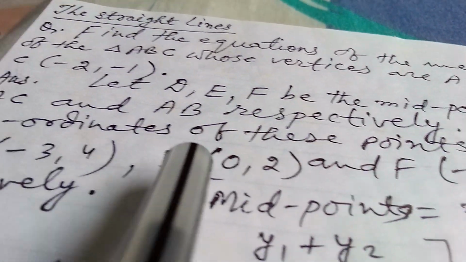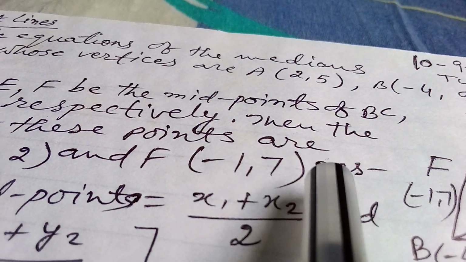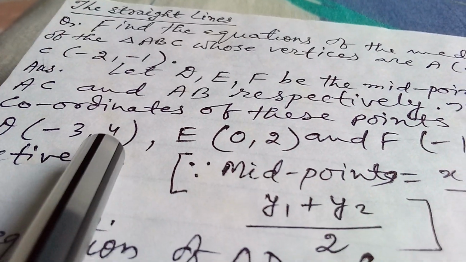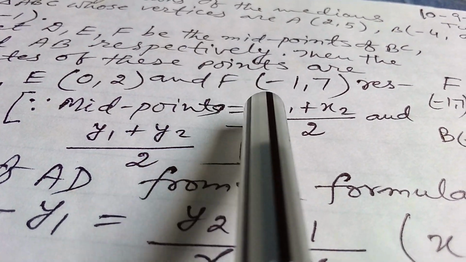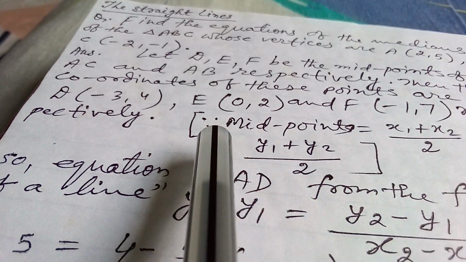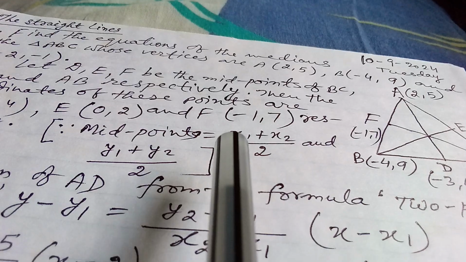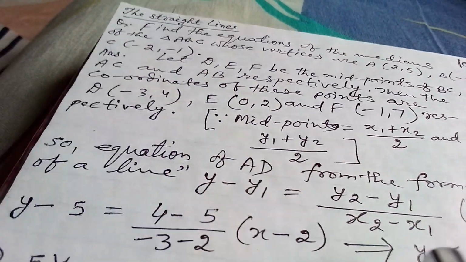Then the coordinates of these points are D is minus 3, 4, E's coordinates are 0, 2, and F coordinate is minus 1 and 7 respectively. And here we have used midpoints, that is x1 plus x2 by 2 and y1 plus y2 by 2. This formula we have used.